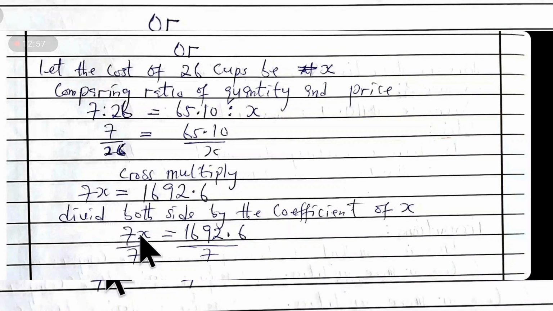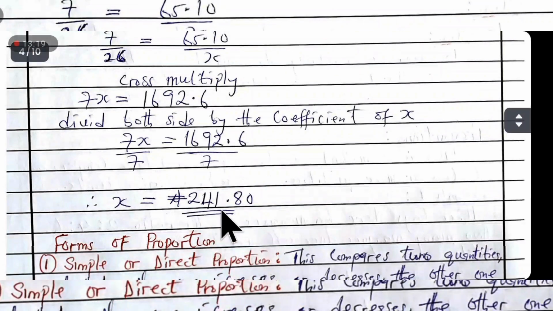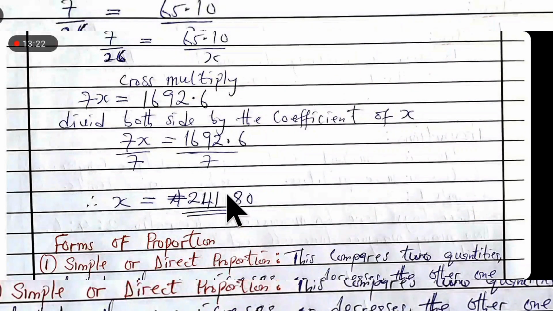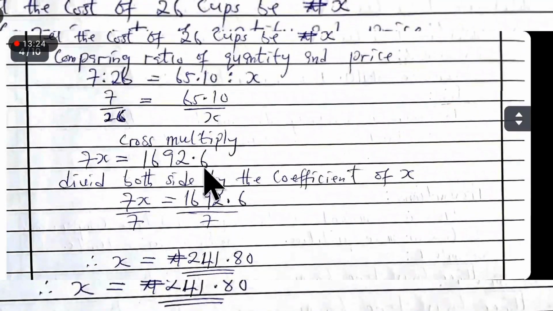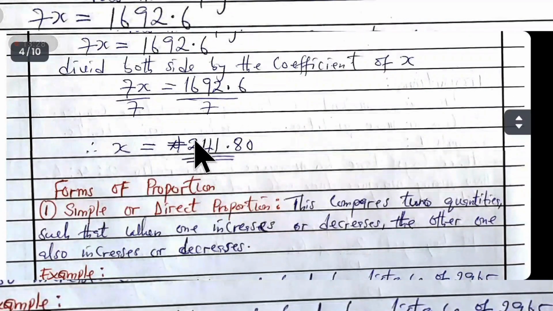Remember, we are looking for x. So 7x is equal to 1692.6, and you divide by 7 on both sides. 7 will cancel 7, and you are left with only x. So x will be equal to 1692.6 all over 7, which will give us 241.80 naira. So 26 cups will cost this.